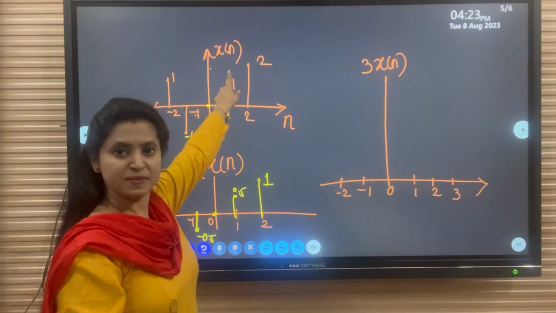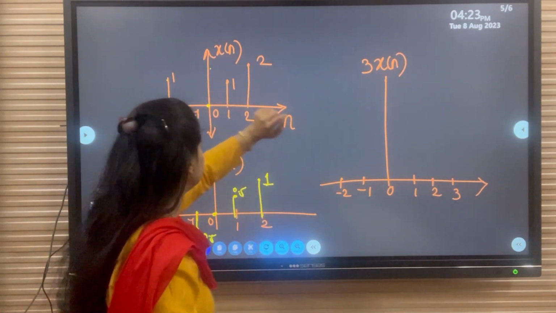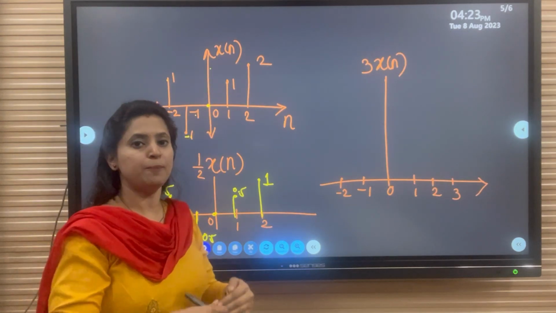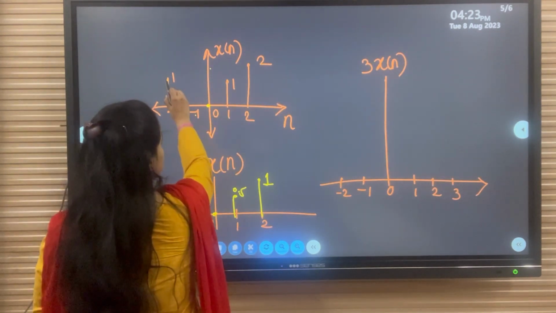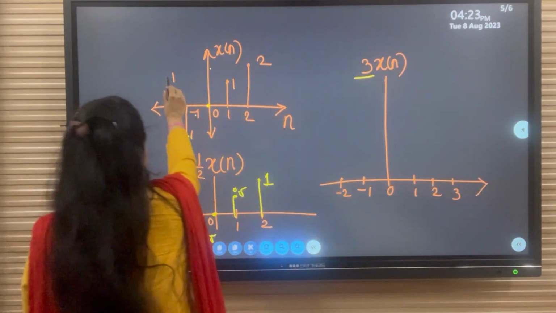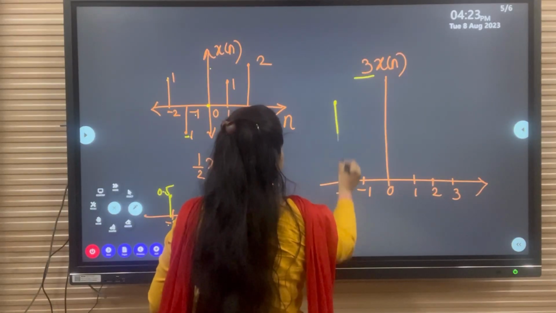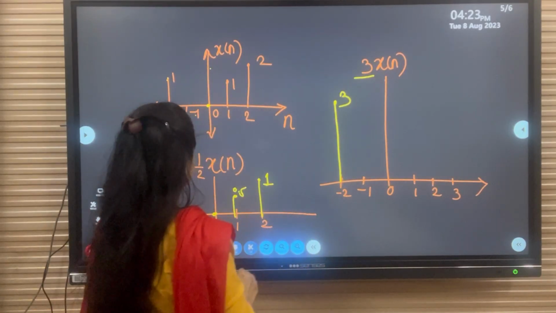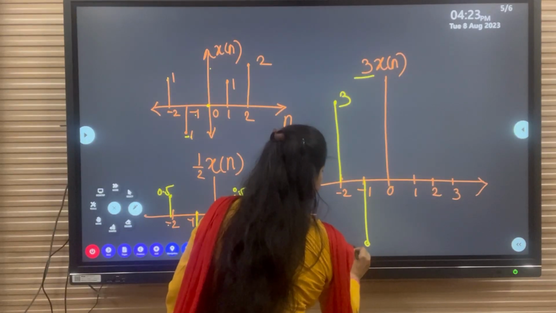Now for the same signal x of n, if I want to draw 3 times x of n, what I have to do? This is amplitude scaling. So again we have to multiply amplitudes of the signal with 3. So 3 into 1 will be 3. So at -2 this is 3. At -1 into 3, so this is -3.